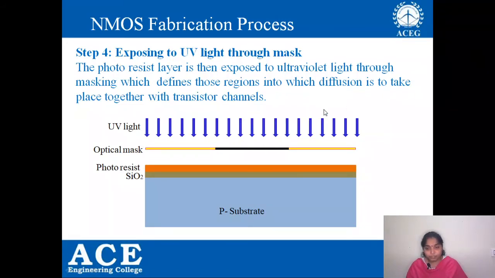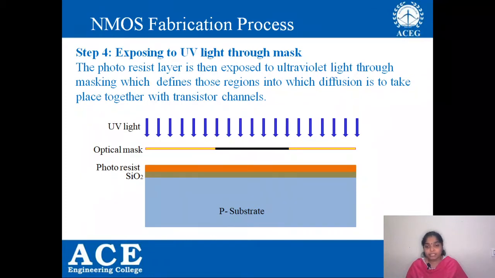If you observe the optical mask here, where it is shown in black color, it indicates that the mask is closed, and where it is shown in yellow color, that area of the optical mask is open.